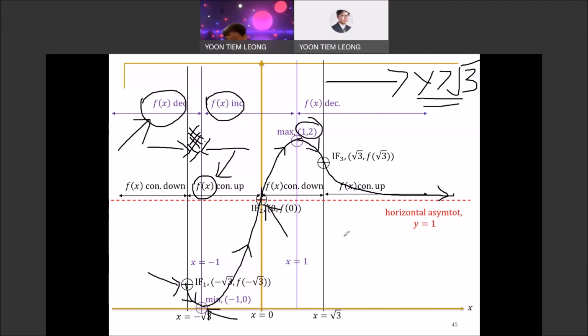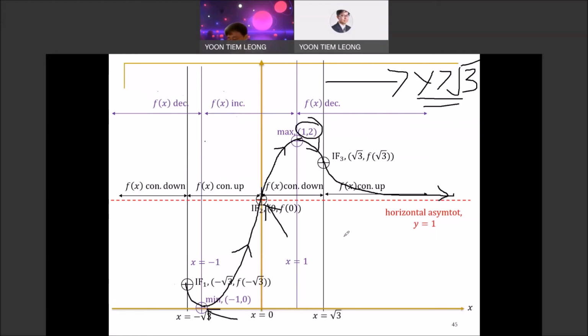So we are done with this region between x equals minus square root of 3 and x equals -1. Then we are now prepared to move to the next region, which is the region of x less than minus square root of 3.